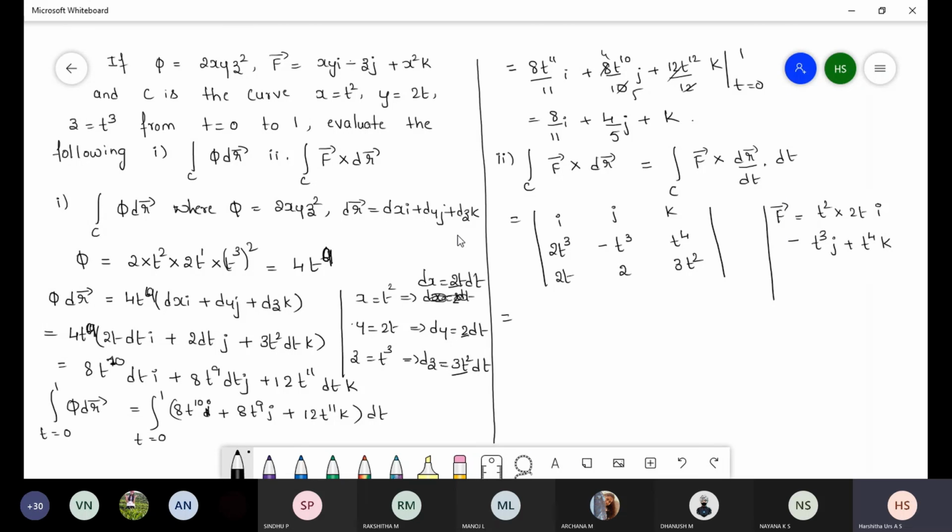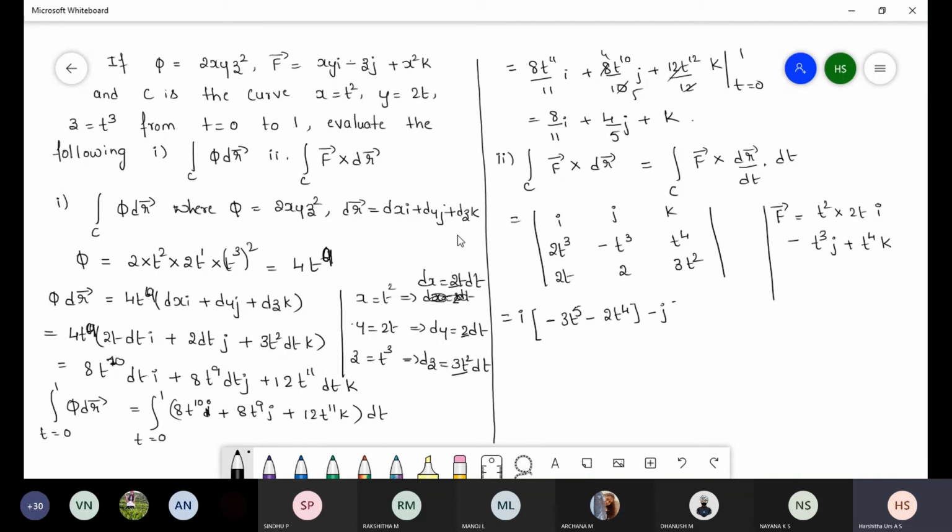Now I into, here we have to write minus 3t power 5 minus 2t power 4.